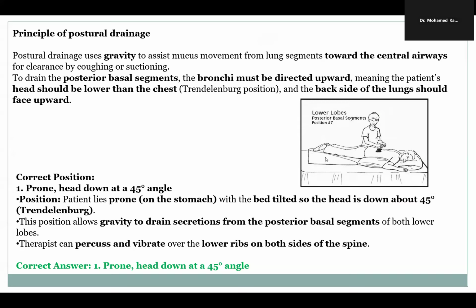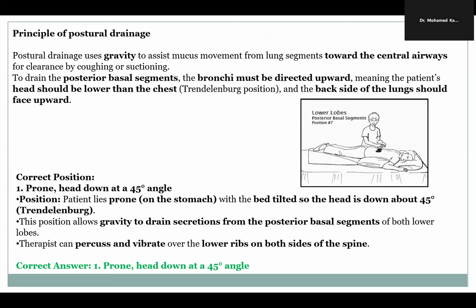So the position of the patient will be lying prone on the stomach with the bed tilted so the head is down about 45 degrees, Trendelenburg position. In this position, we allow the gravity to drain secretions from the posterior basal segments of both lower lobes. We can do further assistance for mobilization of these secretions and getting rid of these secretions.